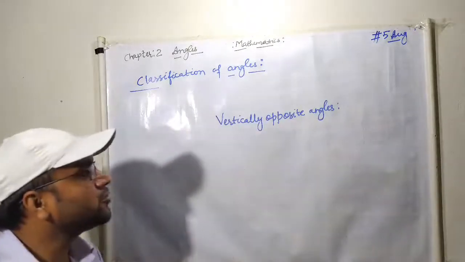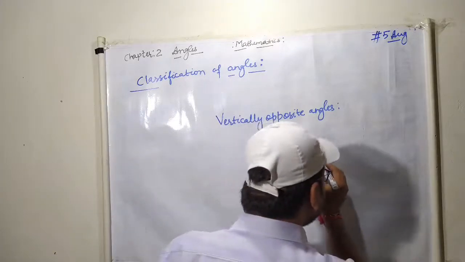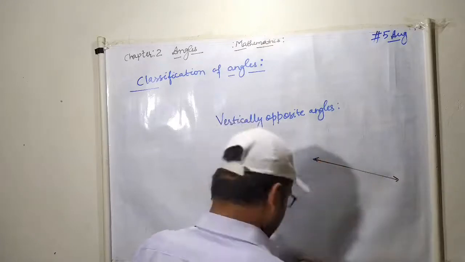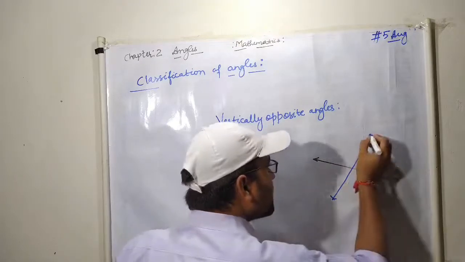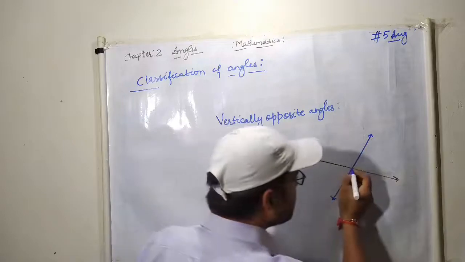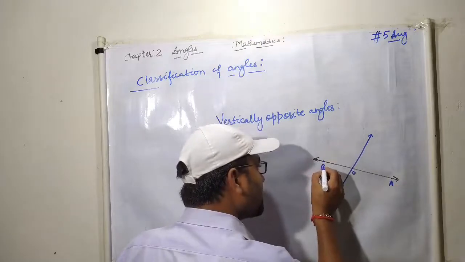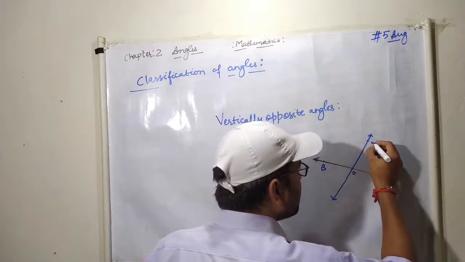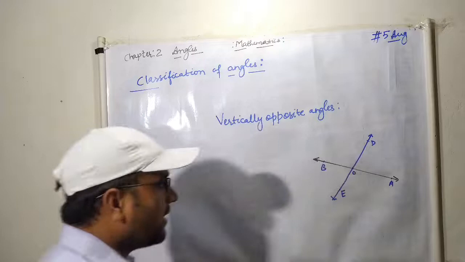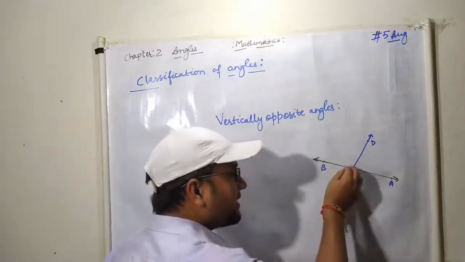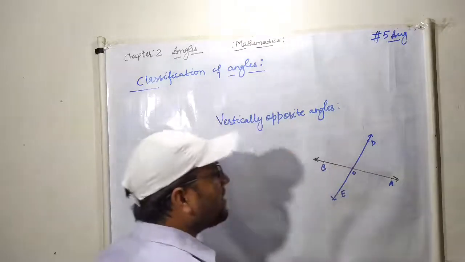Next point is vertically opposite angles. When two lines intersect each other, the angles formed by these two lines, suppose this line AOB and this one DOE, a line DE and AB intersect at a point O, they form angles, and those angles are known as vertically opposite angles.